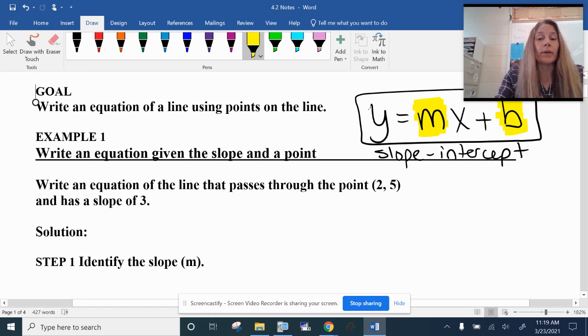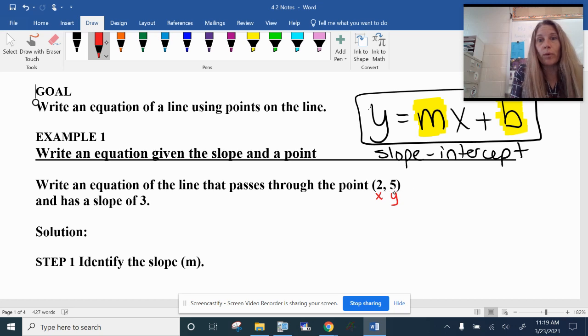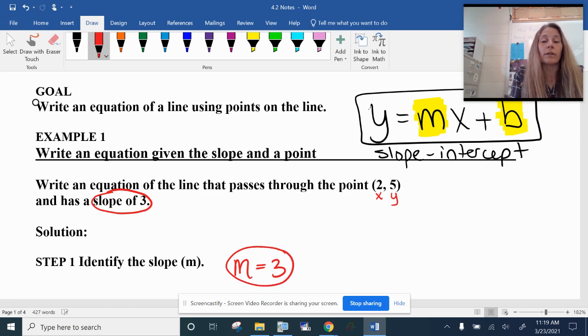So the first example here, in this case, we are given a point. We're given just a random point on the line with an x and y value, and then it's telling us that there is a slope of 3. So the first thing we want to do is identify the slope, which is just given to us. So that's fairly simple, just m equals 3.